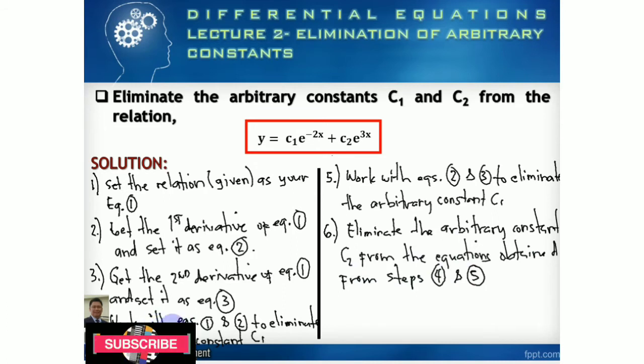So actually, after eliminating this arbitrary constant C1, you have an equation here in terms of C2. And then after working with equations 2 and 3, you eliminate again their arbitrary constant C1, so you have an equation here in terms of C2. So the equations produced in steps 4 and 5 are with arbitrary constant C2. After that, you are going to eliminate the arbitrary constant C2 from the equations obtained from steps 4 and 5.